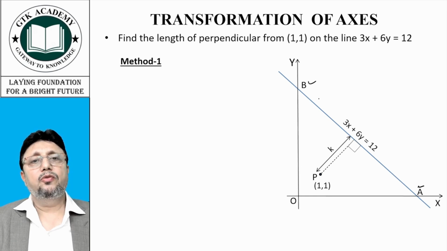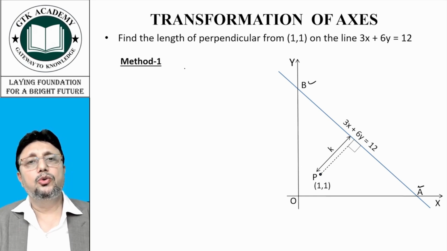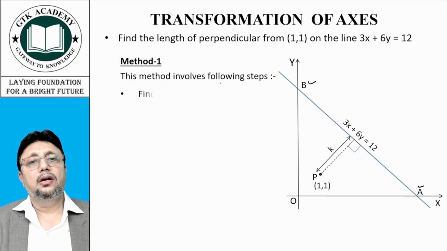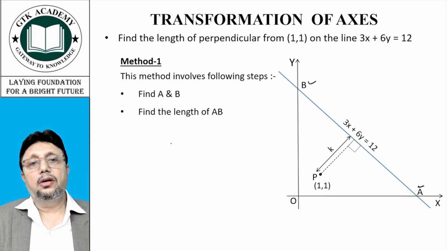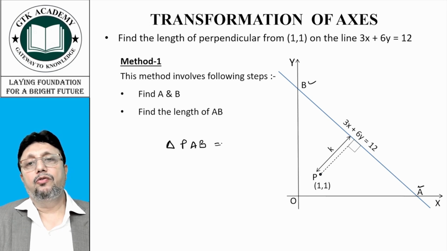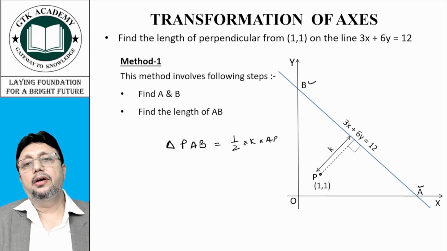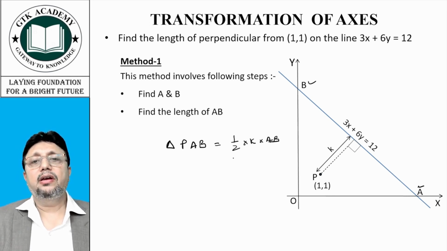So method 1, which is assuming that you don't know this transformation, you will find A and B. Then you will find the length of AB. Then you take triangle PAB, whose area is half into K into AB. This is one way of finding the area of a triangle.